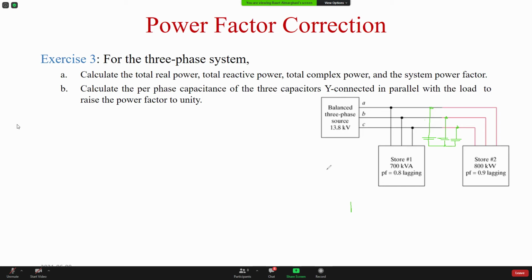So how do we do this? The first thing, we're going to combine the loads. So this is load 1, load 2, then the total load.